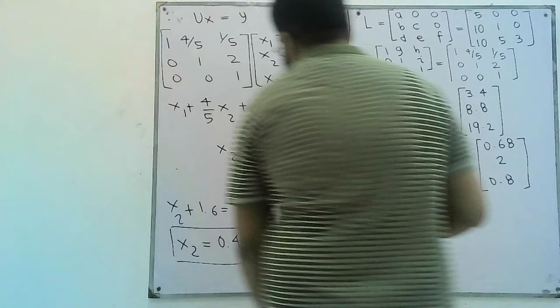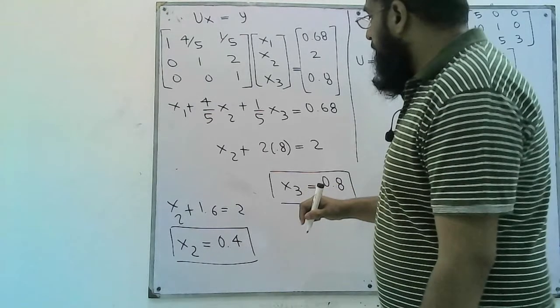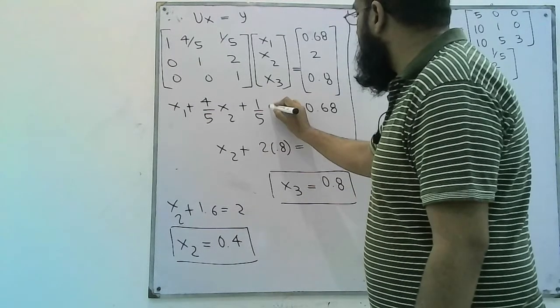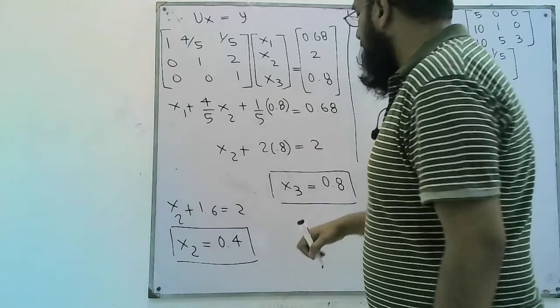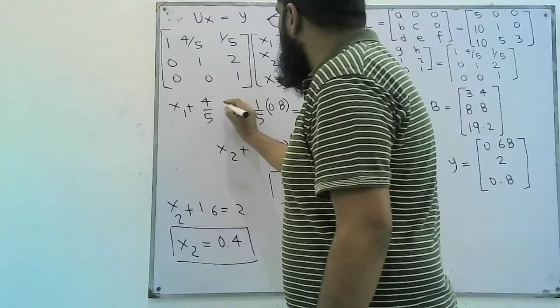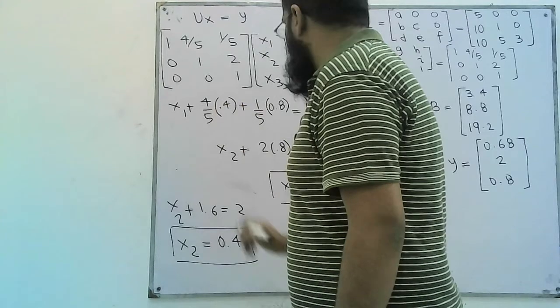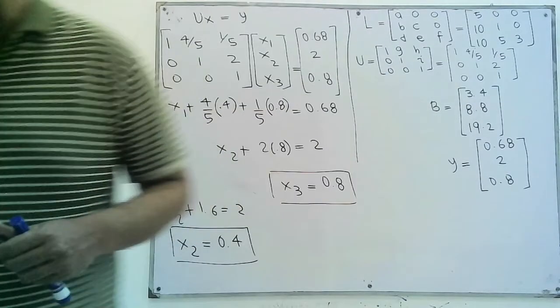And if we plug x3, 0.8, here and x2, 0.4, here, we can find x1. x1 comes out to be 0.2.